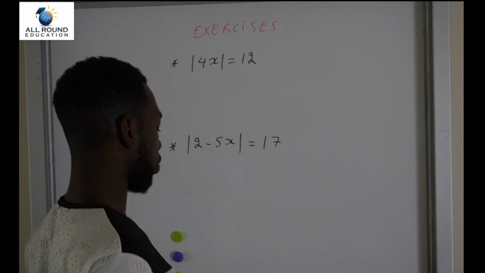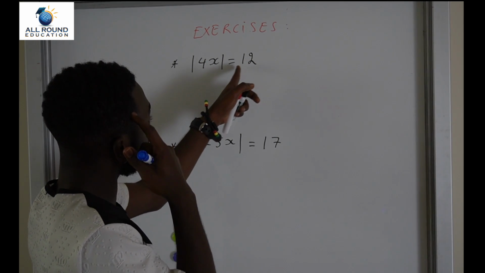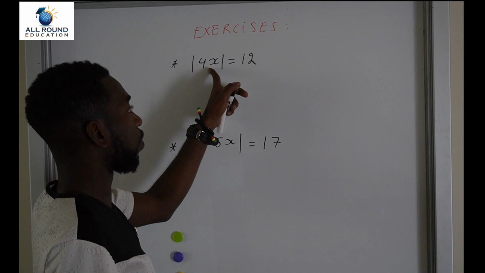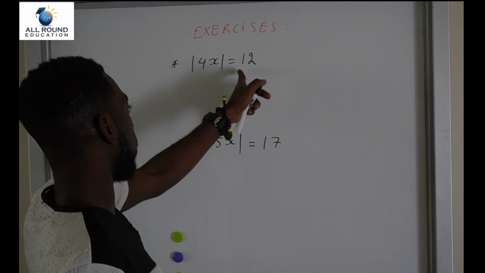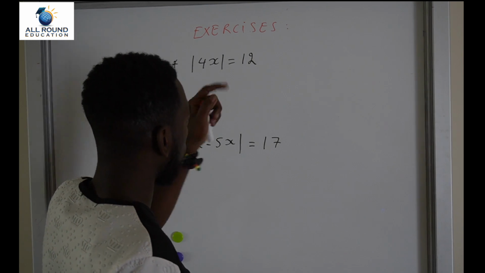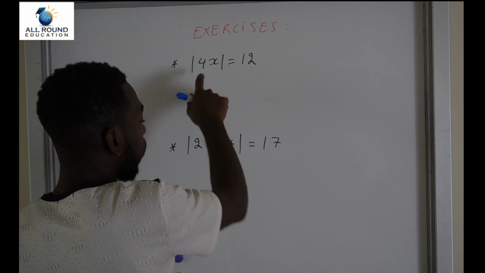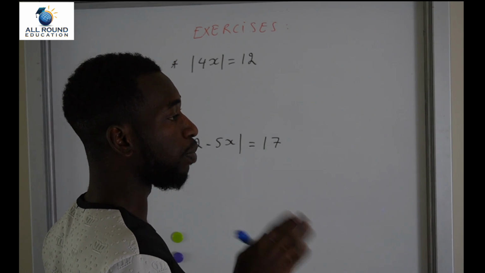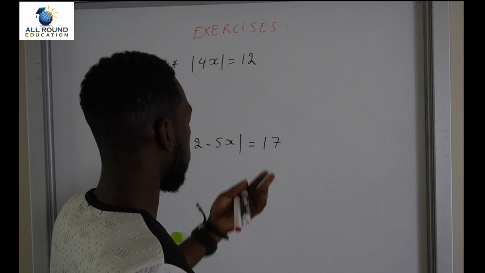Remembering the definition, this value will be equal to 12 if x is positive, and it will be equal to negative 12 if x is negative, or less than 0. Because we don't know the nature of x, we have to solve in both cases: when x is positive and when x is negative.